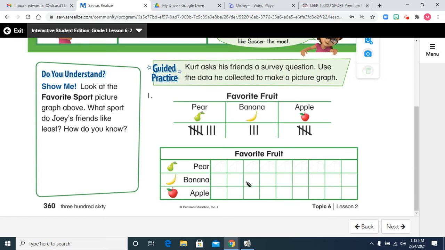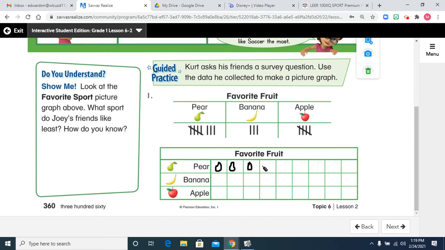Now what we're going to do is take this information and put it into our picture graph. So we get to draw pictures today. Pears. How many friends voted for pears? We said 5, 6, 7, 8. So you need to draw 8 pears in 8 boxes.